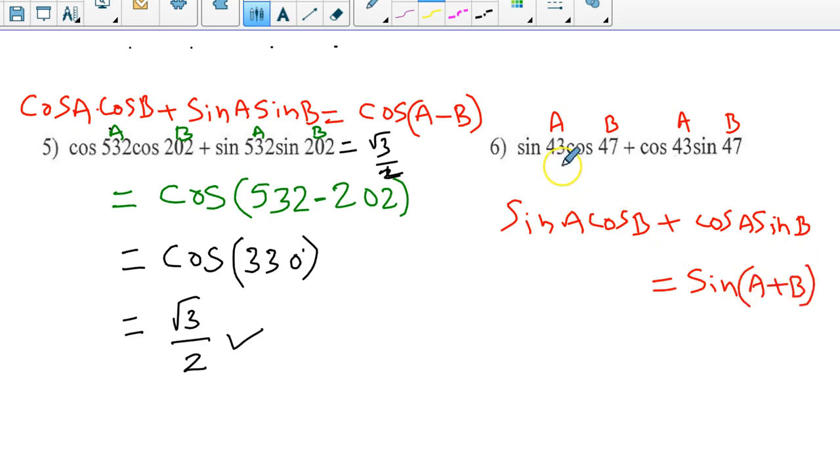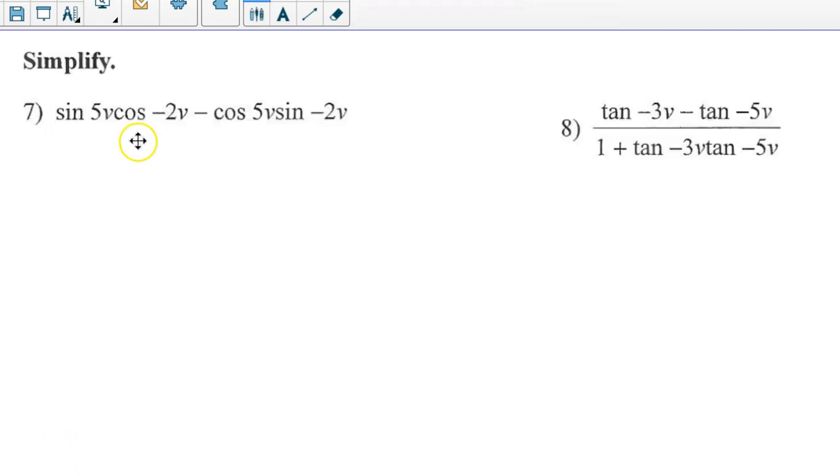Sine A plus B. Now your A is 43 and B is 47. So 43 plus 47 is 90 and sine 90 is equal to 1. That's all.